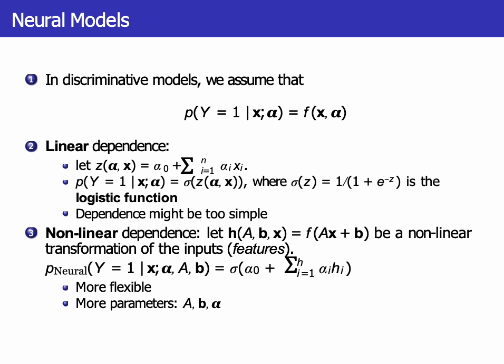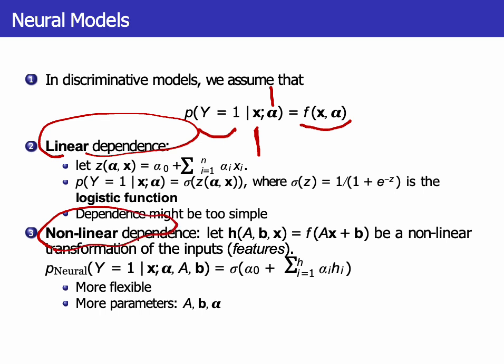So in discriminative models, we assume p(y) equals f(x, alpha), with a parameter alpha and a condition x. It can be a linear dependence, non-linear dependence, or logistic models that you train. So what you have to do is train these parameters, train these functions by using your neural networks.